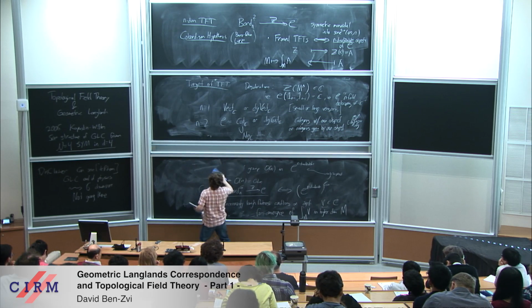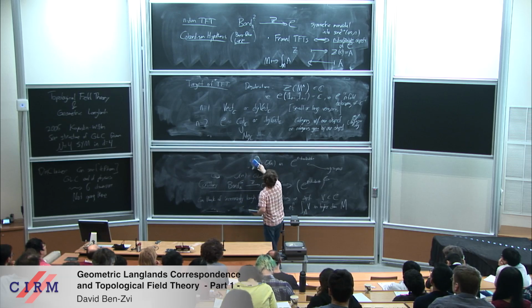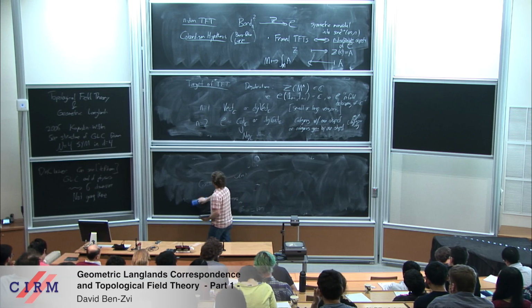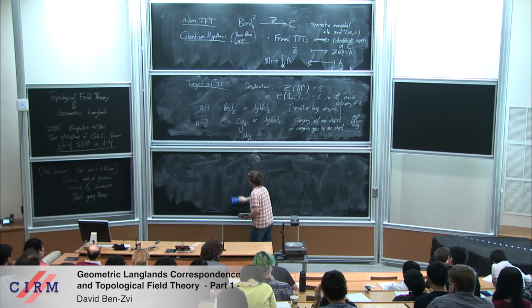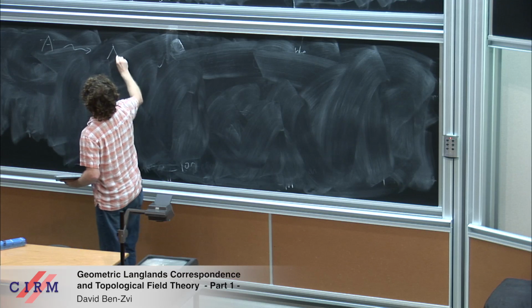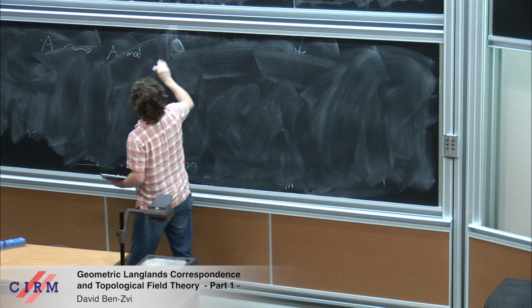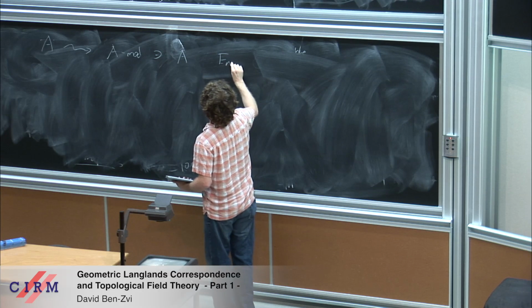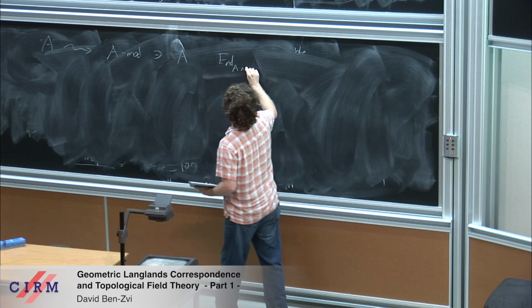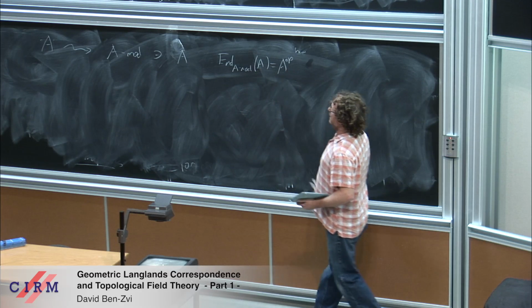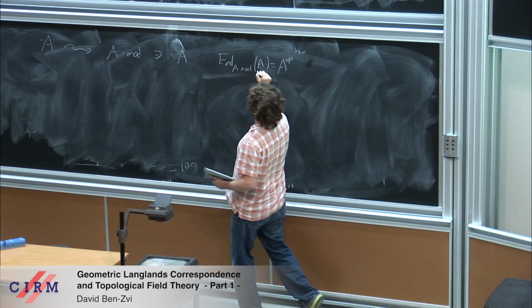So given an algebra A, I look at the category A-mod, and that's going to be a DG category. The category A-mod is generated by a single object. So inside of here I have this distinguished object A, whose endomorphisms are again A, or A-op. So it's a category that's associated to this algebra.